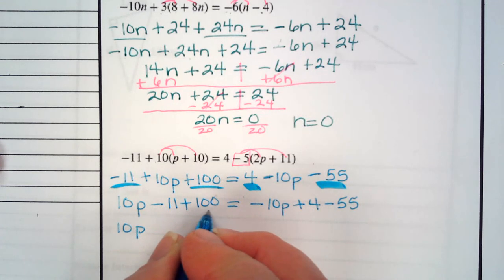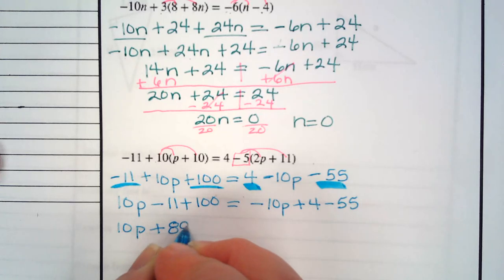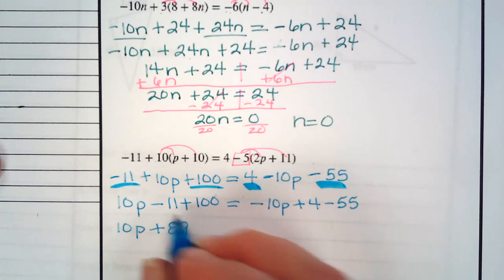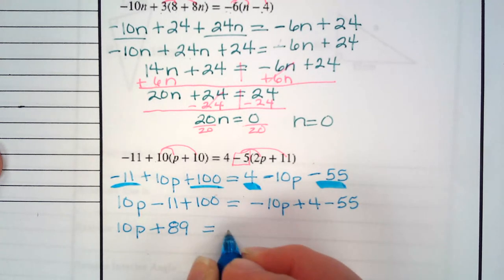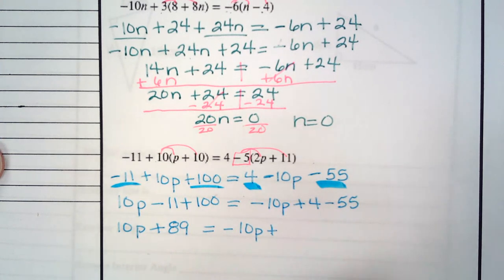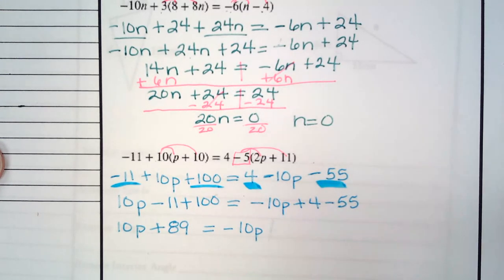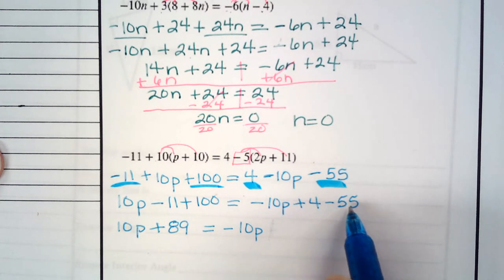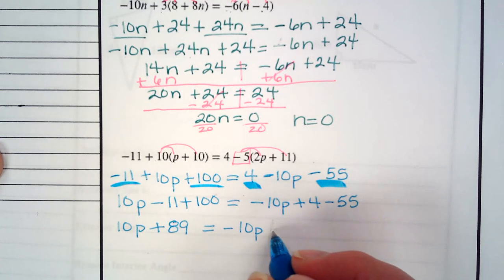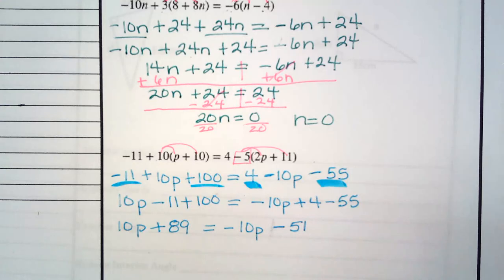Negative 11 plus 100 will give me a positive 89. 100 minus 11 is 89. Equals negative 10p plus, well actually is it going to be plus? 4 minus 55. They're opposite signs, so I subtract. 55 minus 4 is 51. Keep the sign of the larger, so it's negative 51.